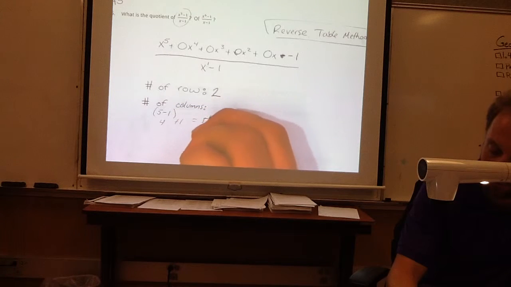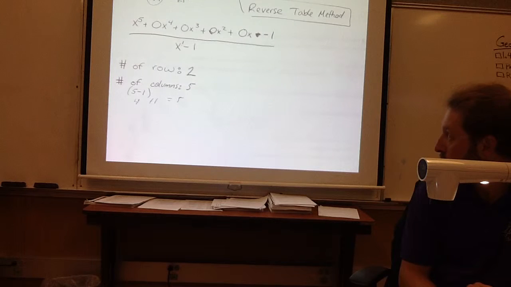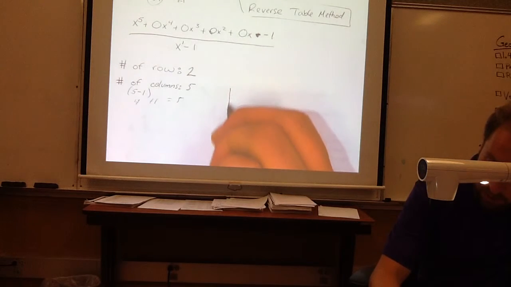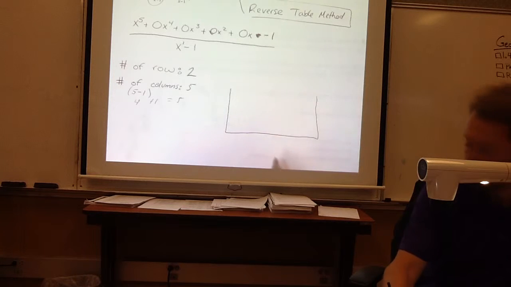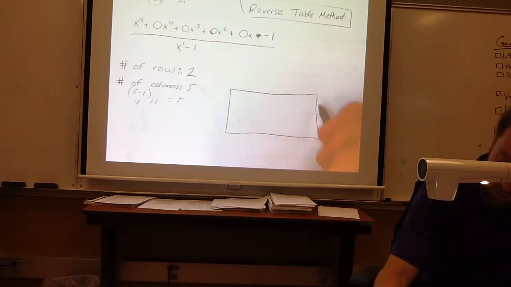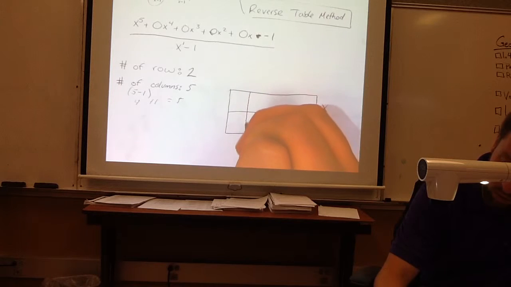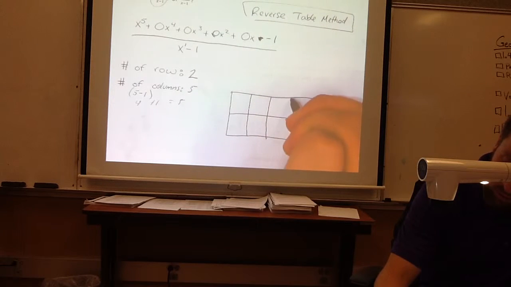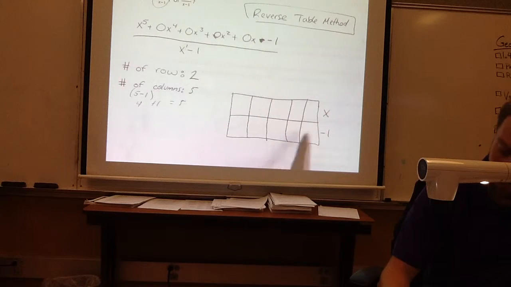So there'll be 5 total columns. So we're going to set up a table where we have 2 rows and we have 1, 2, 3, 4, 5 columns.